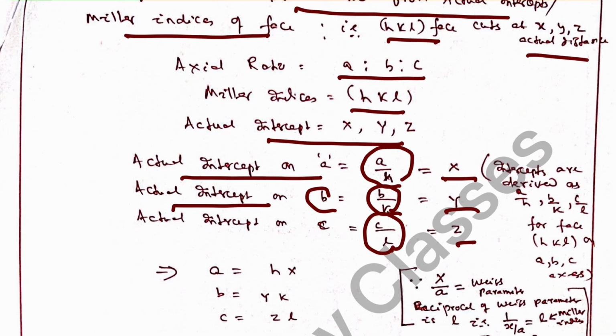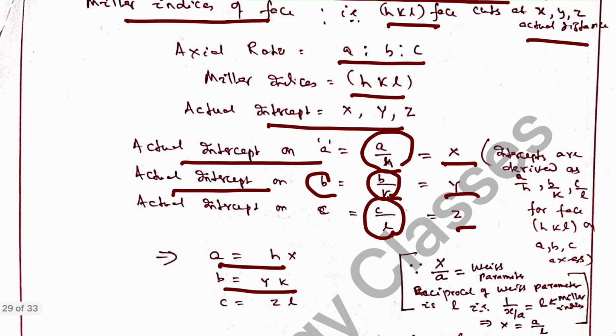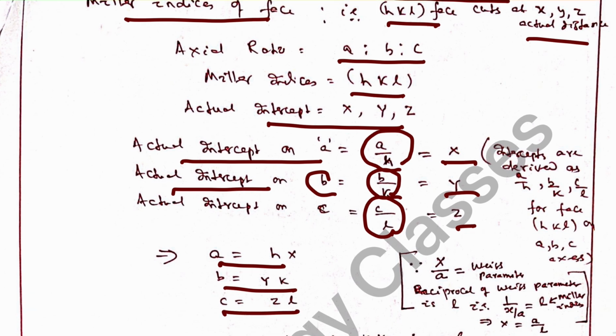So a will be hx, b will be ky, c will be lz. Intercepts are derived as a by h, b by k, c by l for plane hkl on the abc axes.